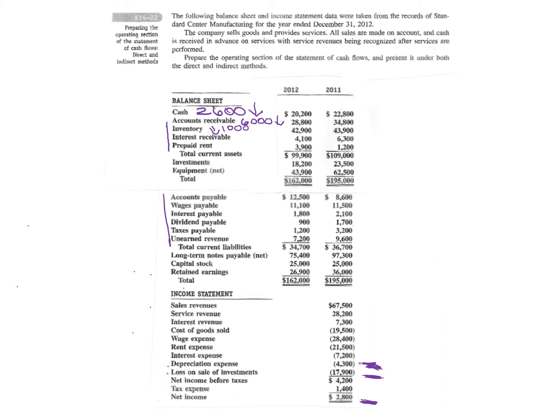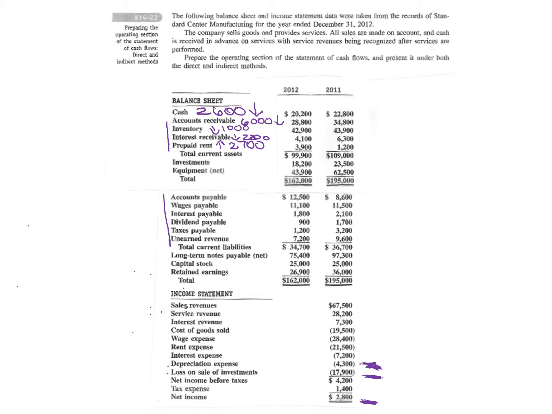Interest receivable decreased 2,200. Prepaid rent increased 2,700. And we know that these have an inverse relationship with cash.